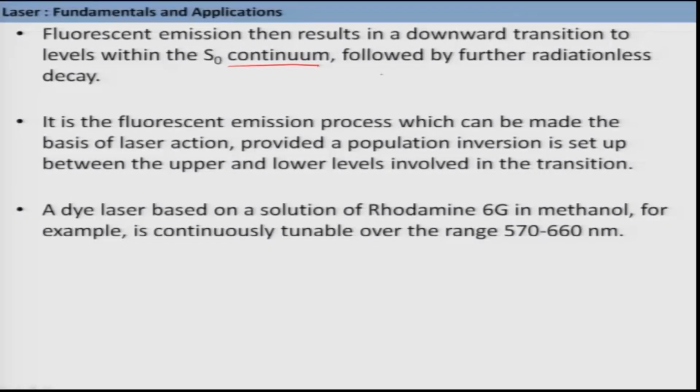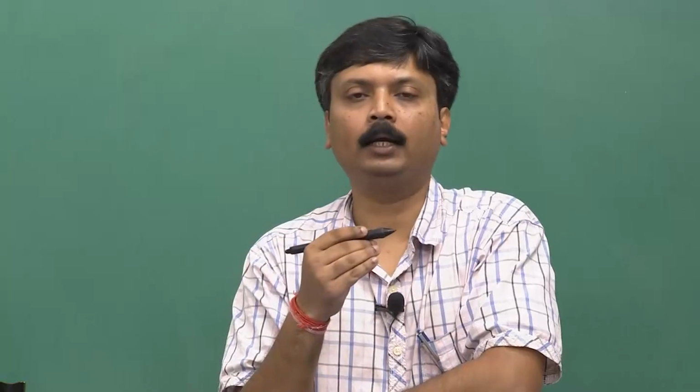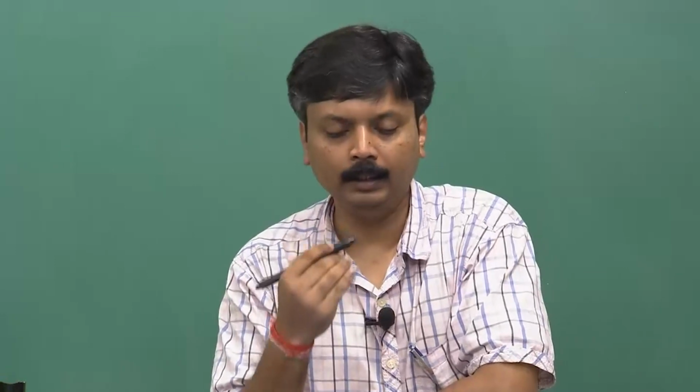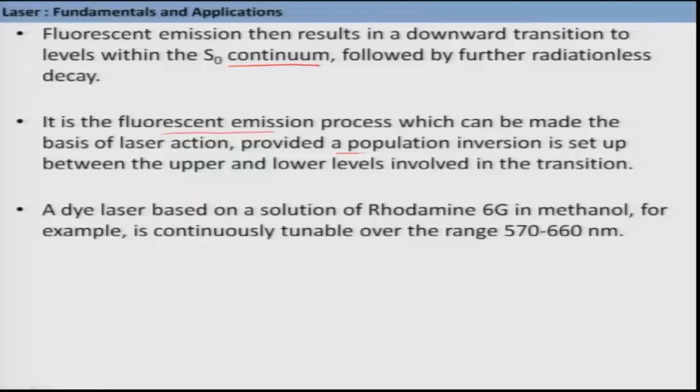Now you utilize this fluorescent emission to act as a laser output. Of course, this is only possible when population inversion is created. If it is possible to create population inversion, it will act as a lasing system, otherwise it won't.